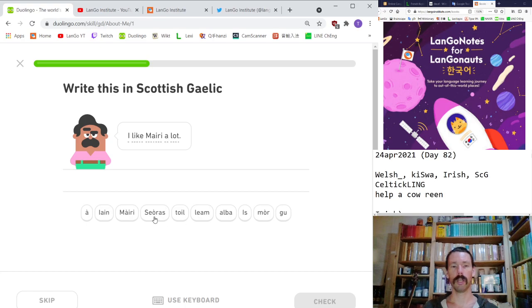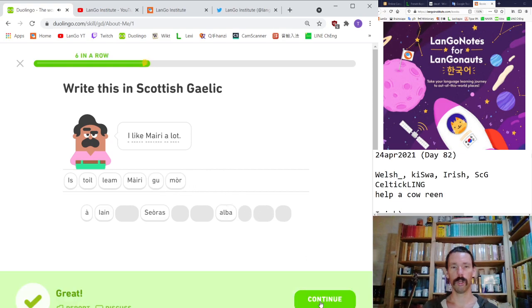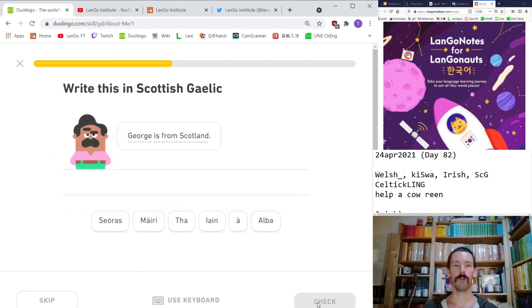For the a lot part, what do we do? Is toil leam Mari. Mòr. Is toil leam Mari. Gu mòr.